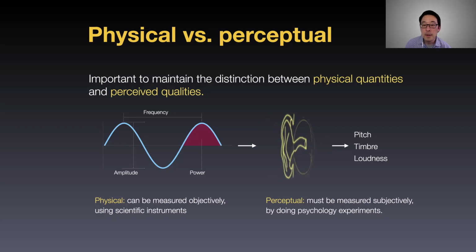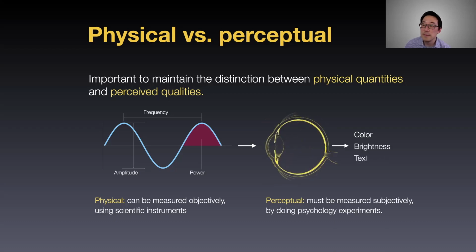Now let's switch to the visual domain. Again, we have properties that we can measure from an image signal that we are going to perceive as changes in color or brightness or texture. It's still not a really simple relationship.